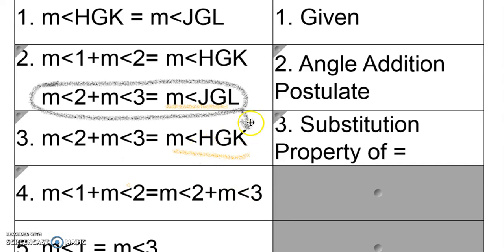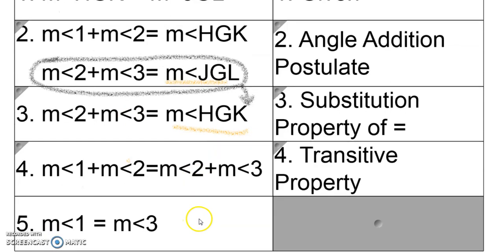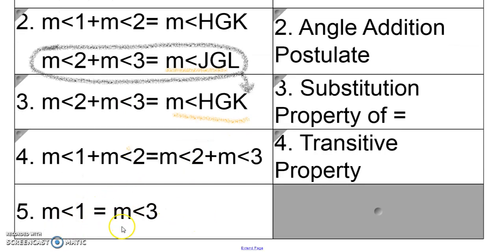So look at these two equations I have right here, and they both were equal to HGK. So HGK is like my middleman or my link, and that would be the transitive property. Since they were both equal to the same thing, I could take out that thing in the middle and put them equal to each other. Transitive property.